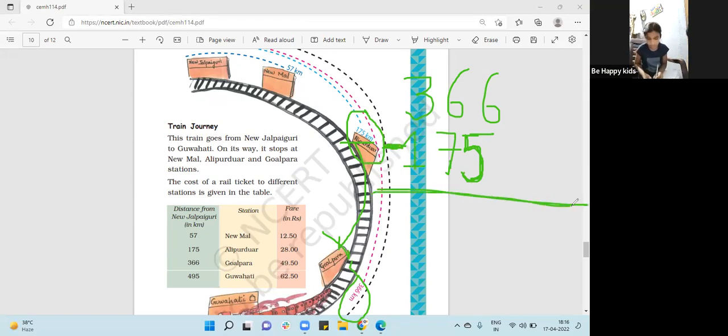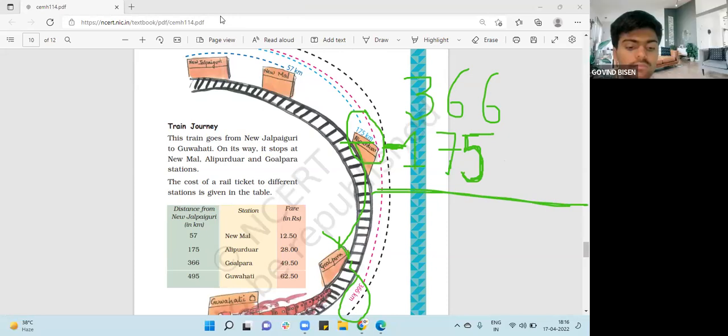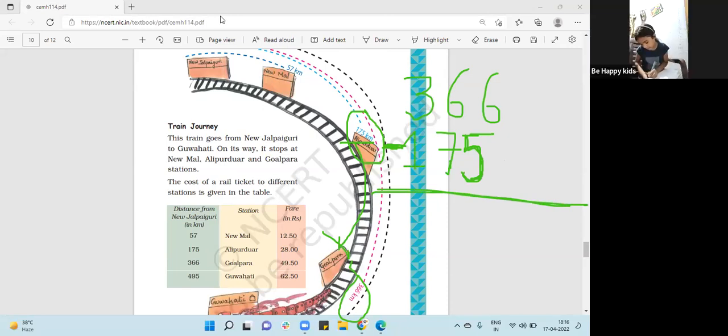Okay, sir. 6 minus 5 is 1, and 6 minus 7 I cannot do, so I will borrow 1 from here and it will be 16. 16 minus 7. 1, 2, 3, 4, 5, 6, 7. 1, 2, 3, 4, 5, 6, 7, 8, 9, 10, 11. 11.